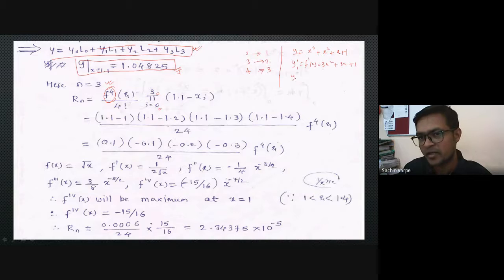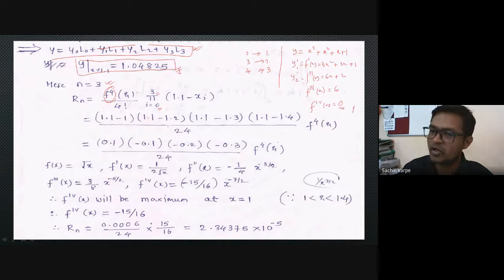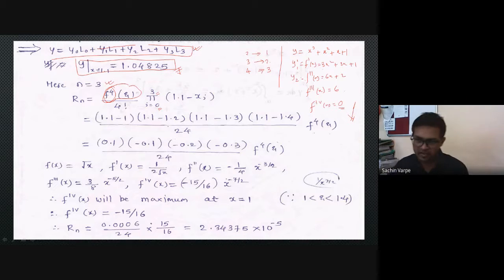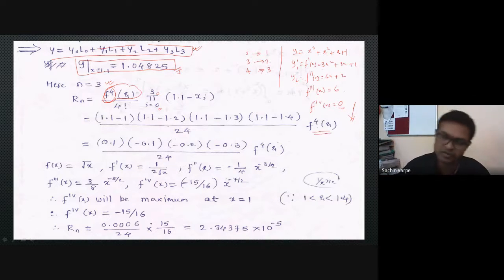Again, the second derivative, f double dash of x, is equal to 6x plus 2. Then the third derivative, f triple dash of x, will be 6, and the fourth derivative will be 0, and all further derivatives will be 0. Are you getting my point? So that is why the fourth order derivative of that polynomial will be 0. Okay, they haven't calculated the derivative here, because at what point?